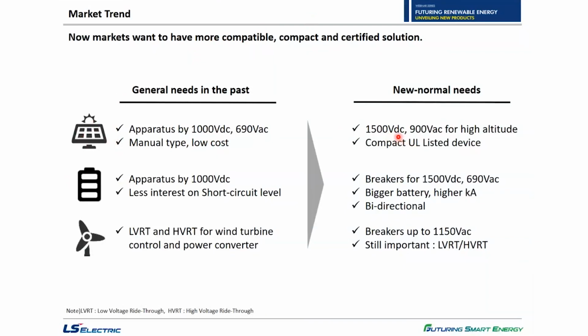As there are many huge projects carried out in the United States and LATAM area, a UL listed device is an essential one to make the power conversion system reliable. So I would like to say that the market needs more compatible, compact, and certified solutions.